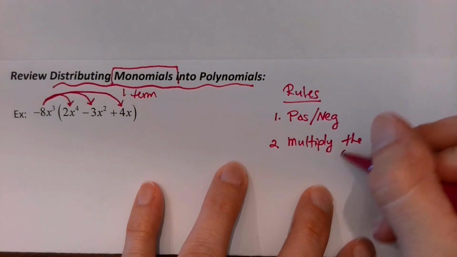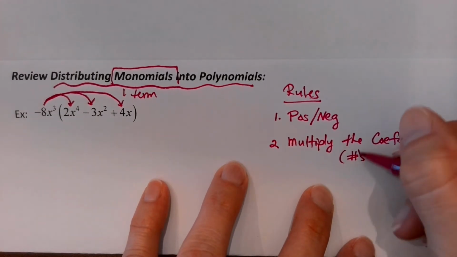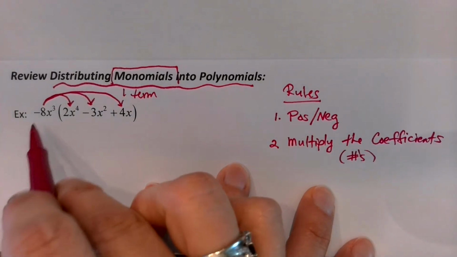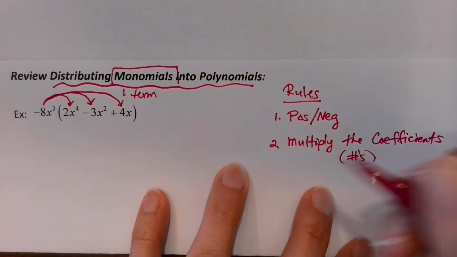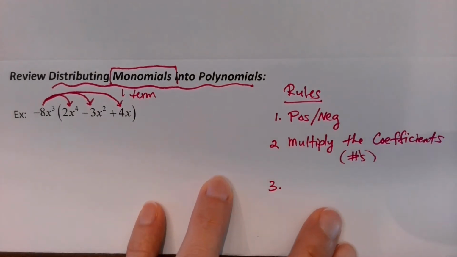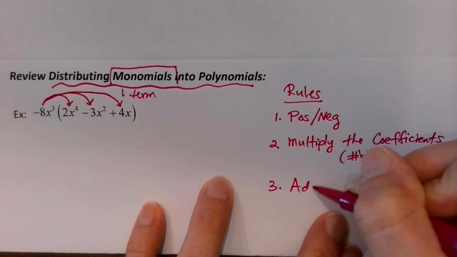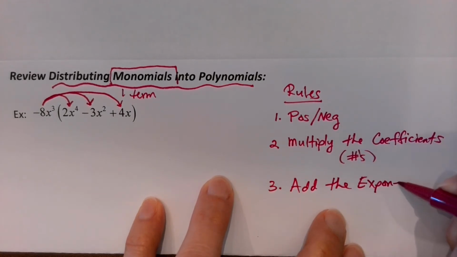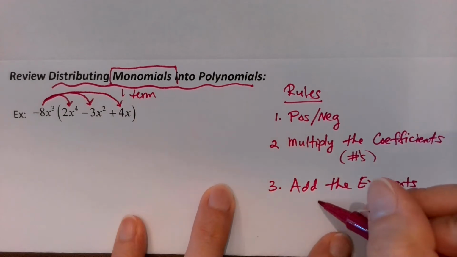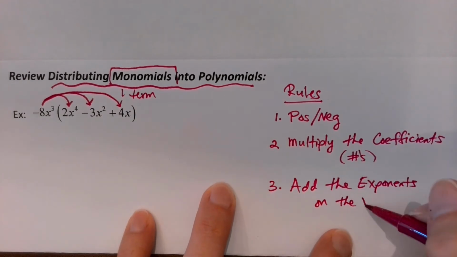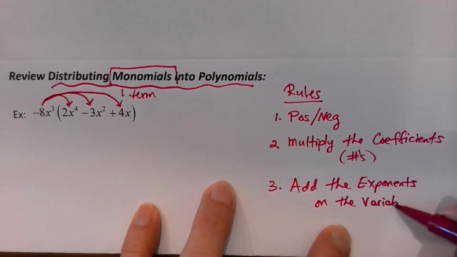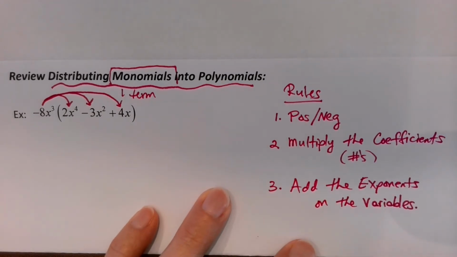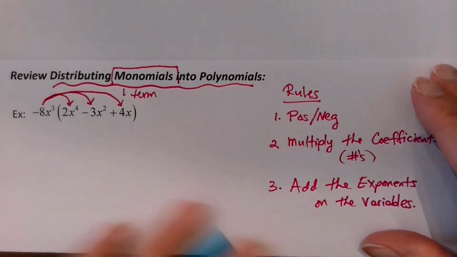We multiply the coefficient. That's the numbers. We multiply the numbers. I'm going to have to do 8 times 2 in just a second. And the third thing we have to remember is that we add the exponents. We add the exponents on the variables. And so I'm going to do these 3 steps slowly so that I don't get things confused.